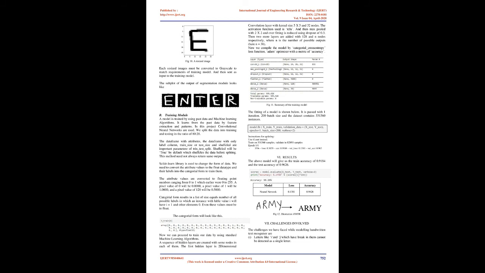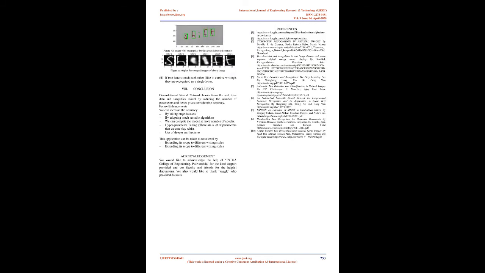Then two more layers are added with 128 and n nodes respectively, where n is the number of possible outputs, here n equals 36. Now we compile the model with the categorical cross-entropy loss function, Adam optimizer, with a metric of accuracy. Fig 11. Summary of the training model.